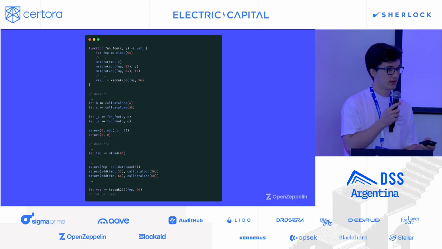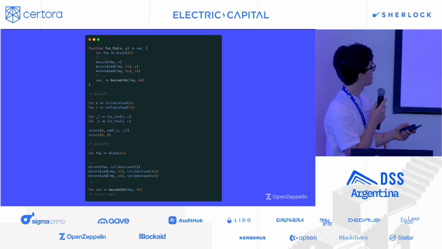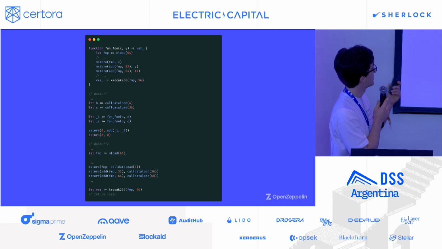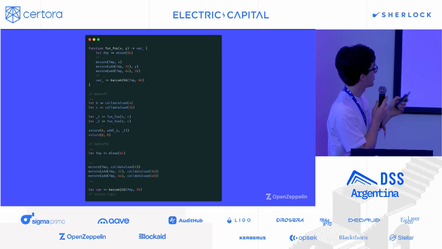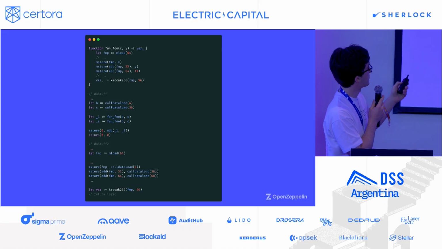Here we have a new function called funfoo that takes only 2 arguments instead of 3. And we see that the mstore places the hard-coded value 10 to the memory position. And the doStuff function in the middle just reuses funfoo twice.